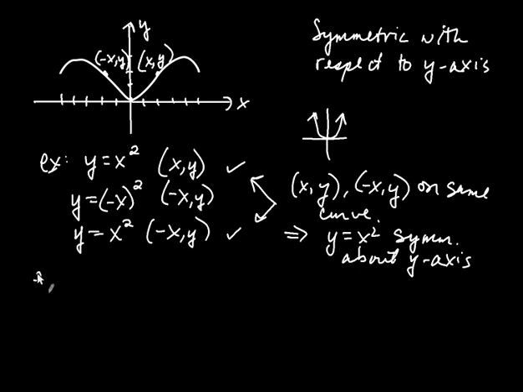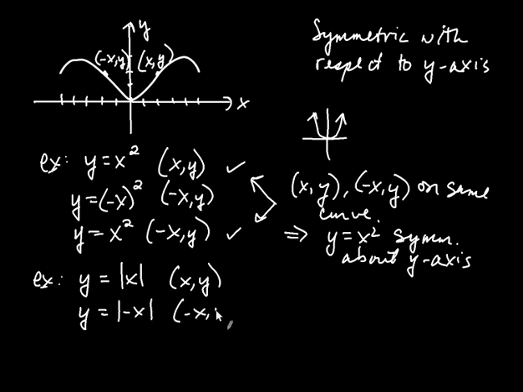Another example of a curve that has that would be y equals the absolute value of x. And we can test that as well. So let's say that this curve is satisfied by xy, and the question is, what happens when you replace x with negative x and keep y the same? Well, the equation is going to become y equals the absolute value of negative x, right? That's satisfied by negative xy.